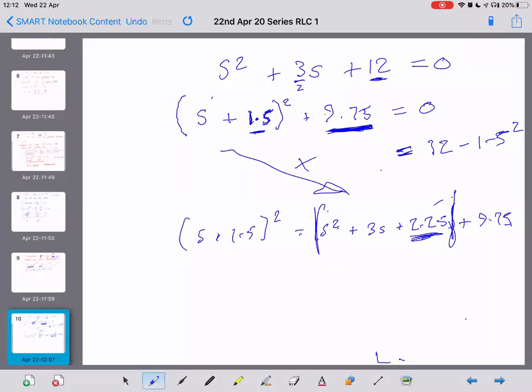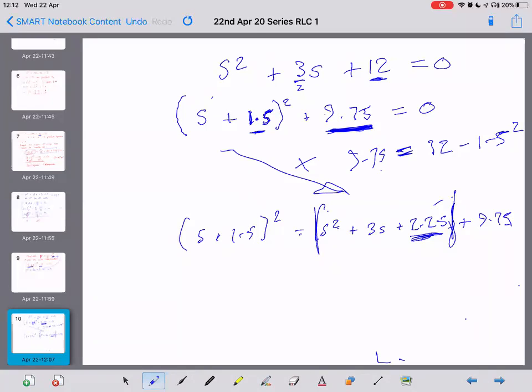So that 9.75 comes from the 12 minus the 1.5 squared.